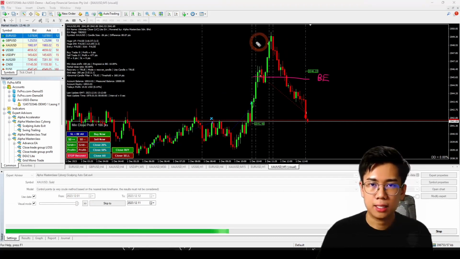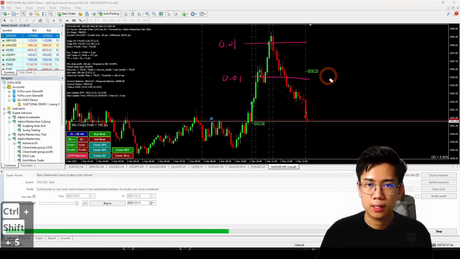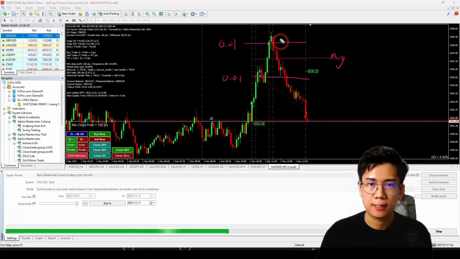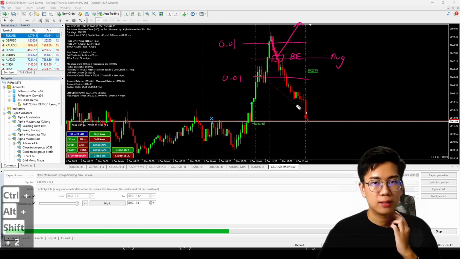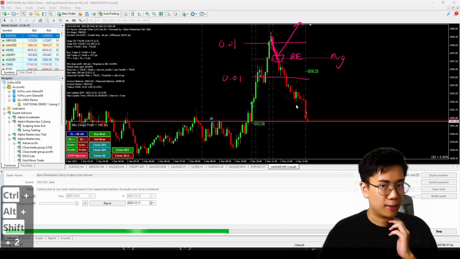But if I enter one more trade, meaning I sell 0.01, one more 0.01, hence this is my average. Even if it just comes down to here, a little bit comes back, I already know that I'm at break even. I can exit myself out. If it comes back down even further, I can earn even more. But the maximum number of trades is 5. That is my recommendation, 5.